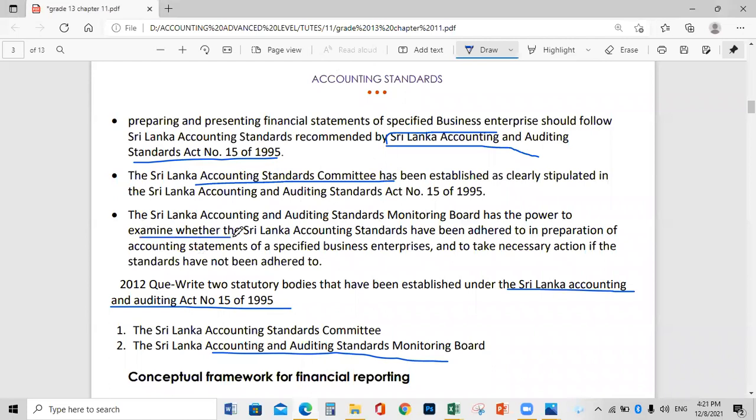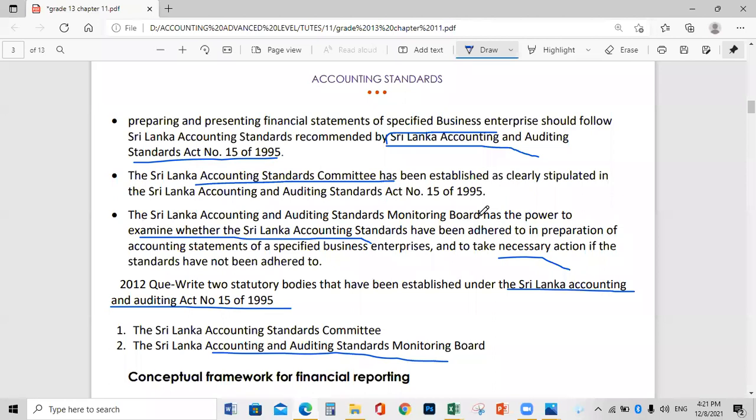They will examine whether the standards are followed by the business enterprises when they are preparing accounts. When they are preparing financial statements, if they are not following, then they will take necessary action. Necessary action can be fines. They can be fully closed down, so they can't do any more business. It depends on how serious the mistake is. So guys, if you don't follow, if you go against the law, you will get punished.